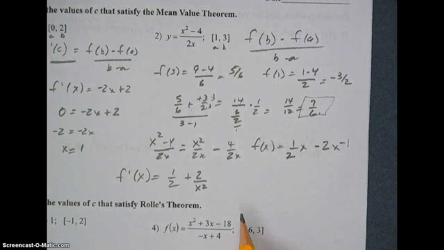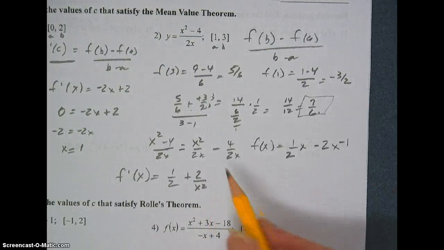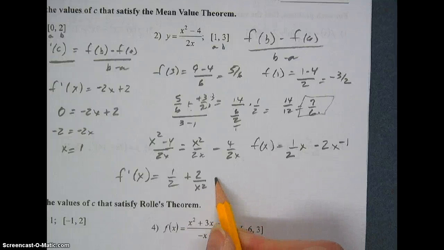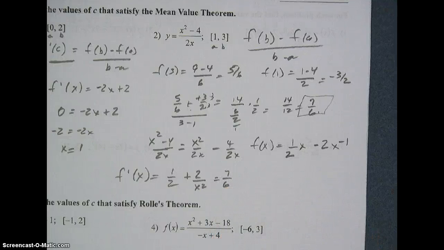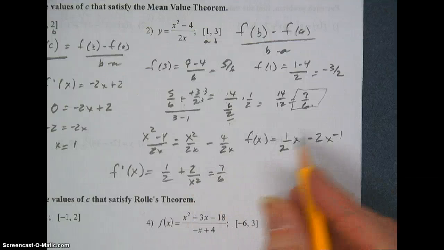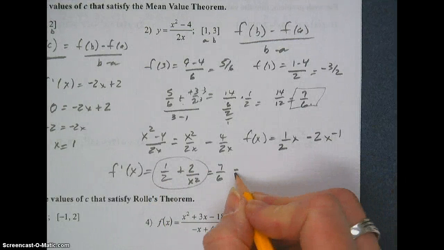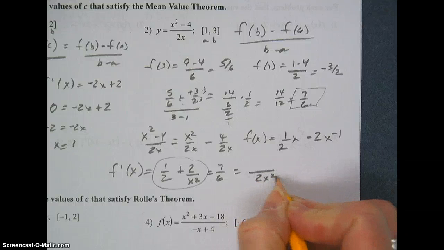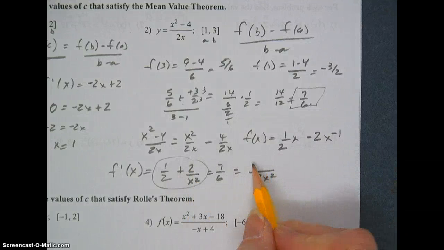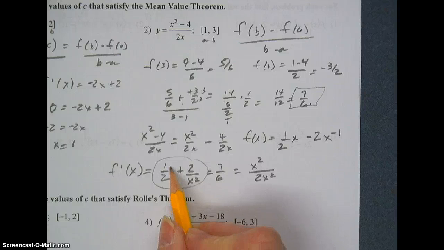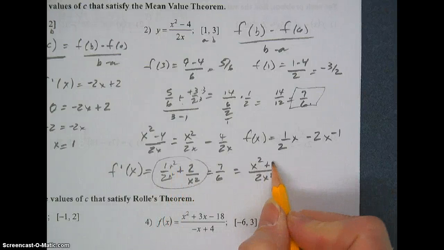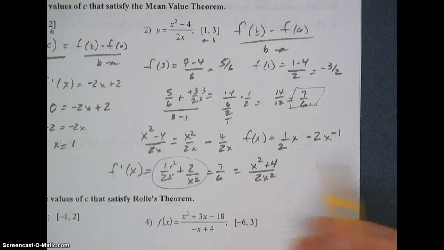Once we do that, we must set this equal to 7/6. To set a fraction equal to a fraction, it might make sense to get a common denominator here. Let's make our common denominator 2x squared. So we have an x squared here. This needs a 2, so we'll have a 4.